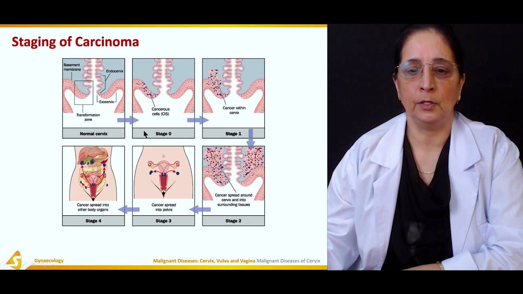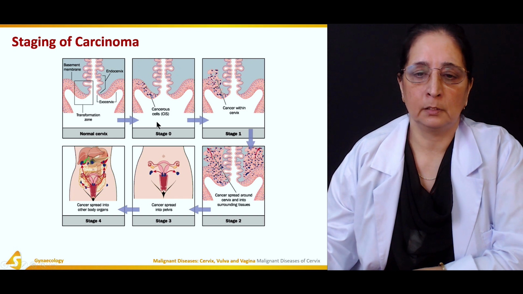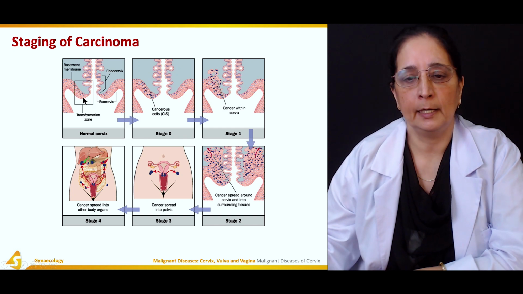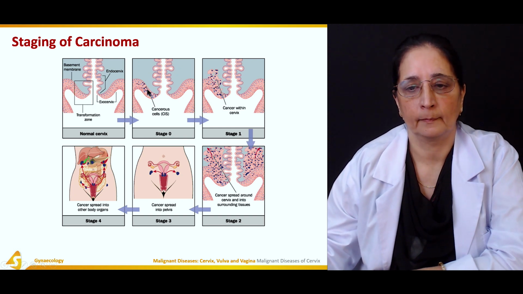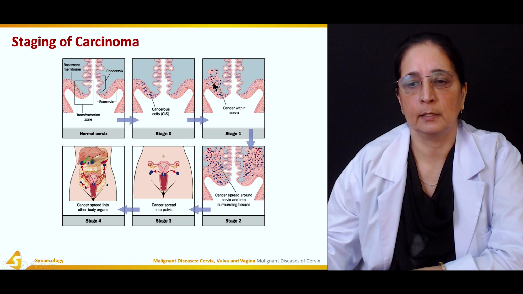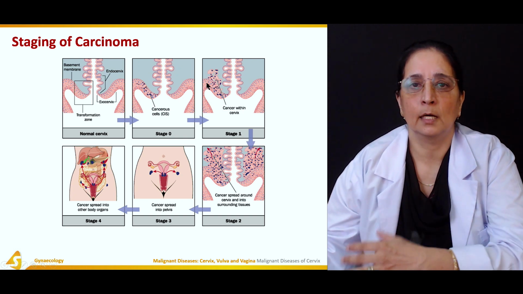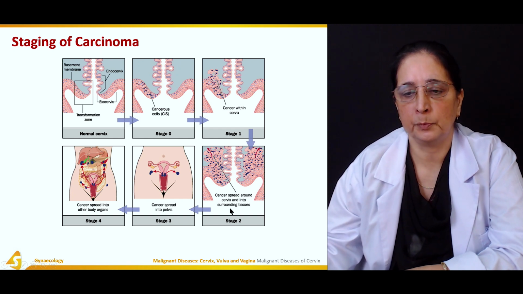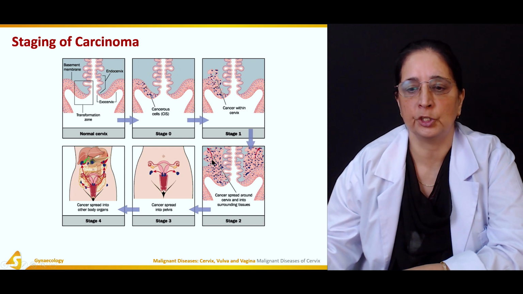Now, stage 0, slowly the cancerous cells start appearing in the transformation zone. Then stage 1, there are cancers within the cervix. Here again, cancerous cells start growing. In stage 2, cancer spreads around the cervix and into surrounding tissue.